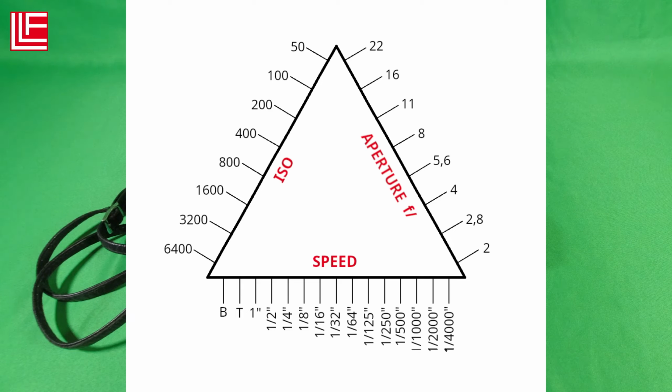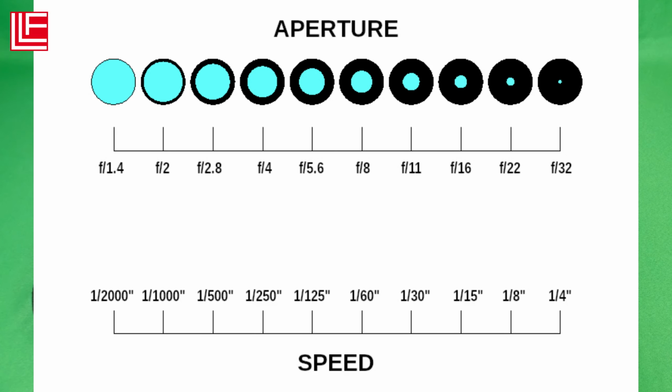Here in the image, the aperture goes from f2 to f22, but this is the one of the three settings that gets you confused, because logically you think, okay, f22 is bigger than f2, so I will have more light coming into the camera, while in practice it's the opposite. f22 is much smaller than f2.